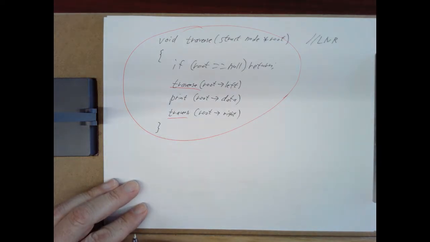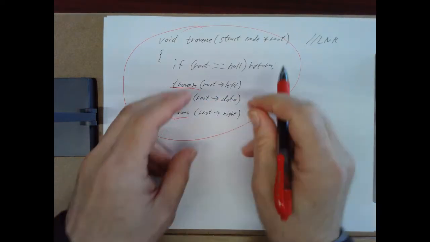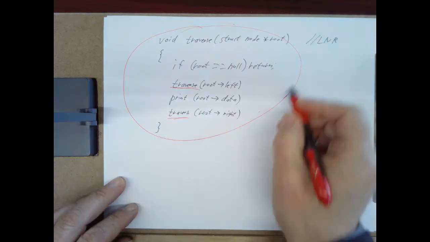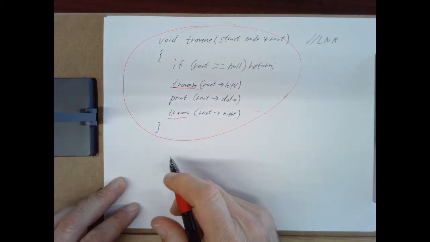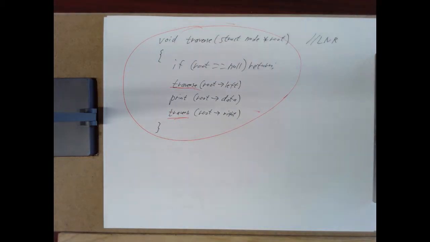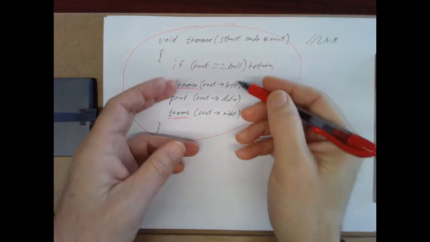But it's not really circular, because these are working on a smaller tree than what this is. The left child is going to have a smaller height than the height of the original tree because it's missing the root. And the right child will have a smaller height than the original tree. So these are smaller problems.